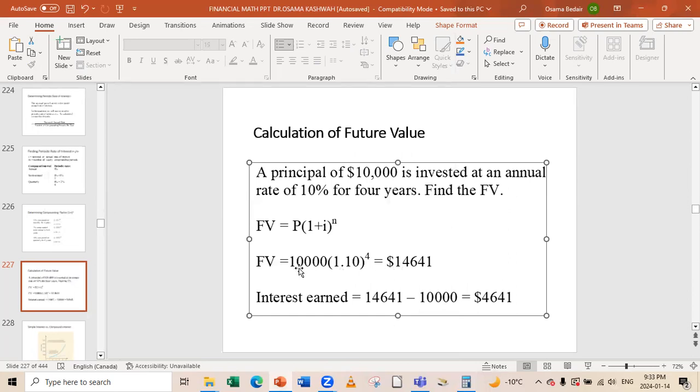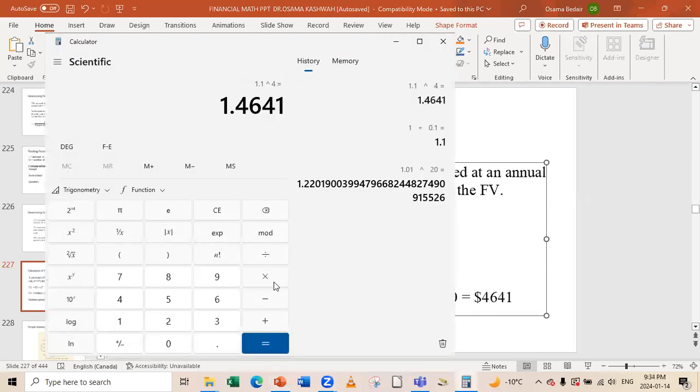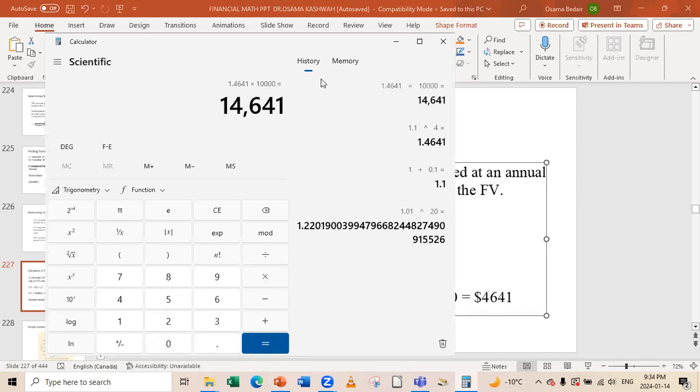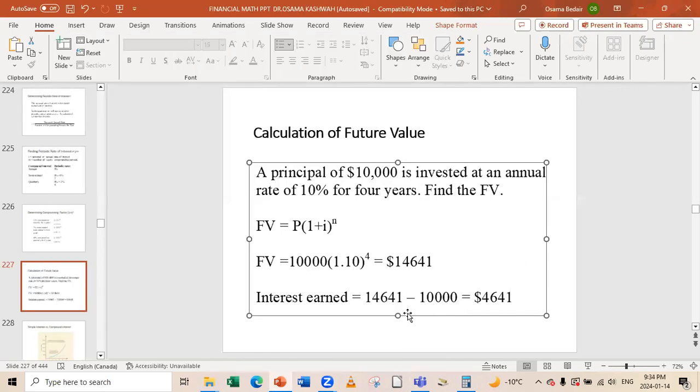I will multiply it by 10,000. That will equal how much, guys? 14,641. Here it is, the result.